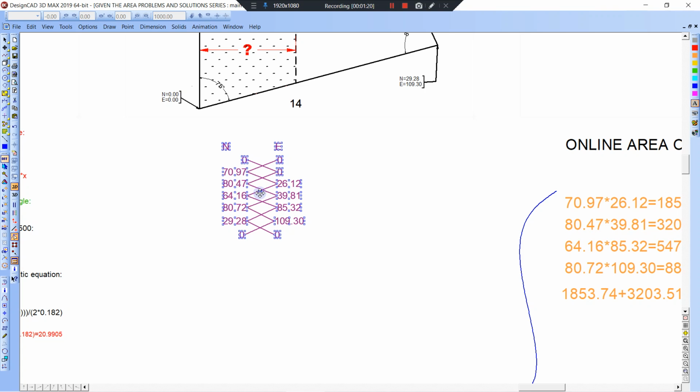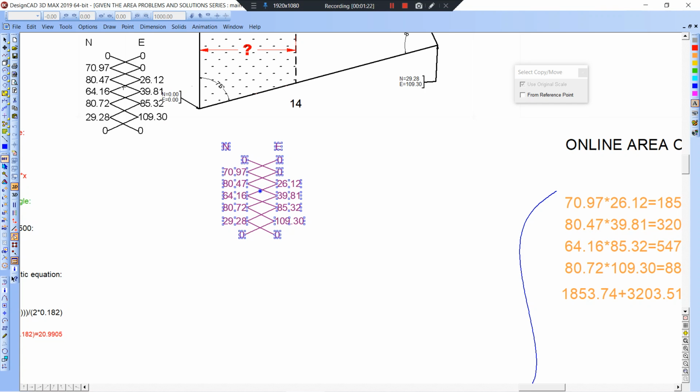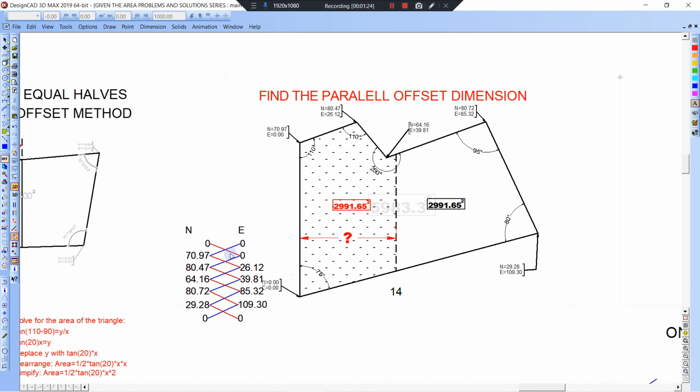Let's take a look at this now. The initial point, the coordinates of point 1, we'll call this 1, 2, 3, 4, 5, 6: 0, 0, then 70.97, 0, northing and easting, then 80.47, 2612.